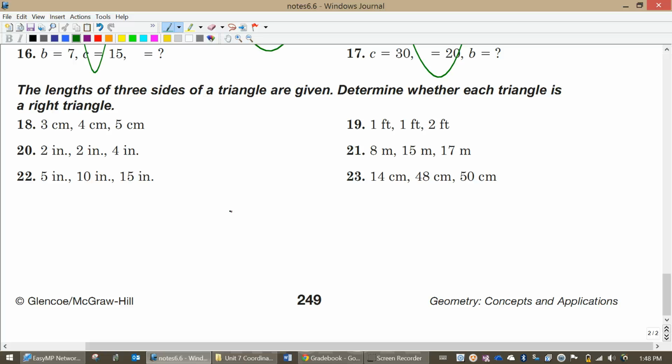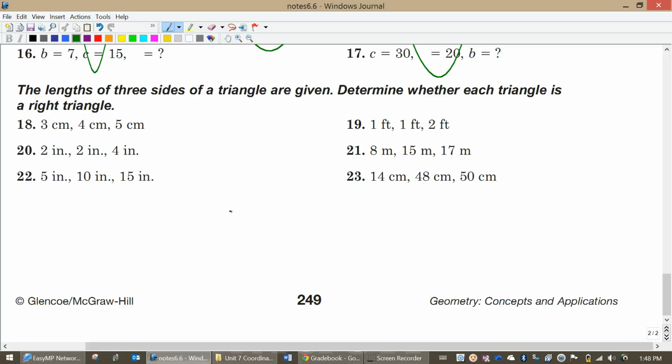That's a fact. If three sides do not work in the Pythagorean theorem, it is not a right triangle. Does that make sense? We're going to put the numbers in the Pythagorean equation, see if it makes a true statement. If it makes a true statement, it works. If it's false, it doesn't work.